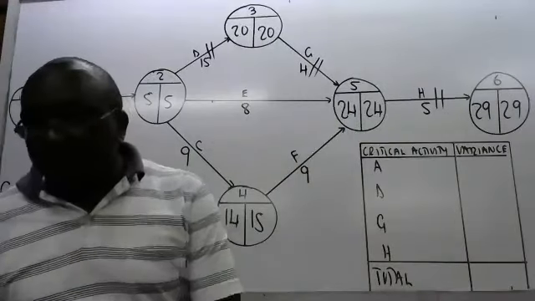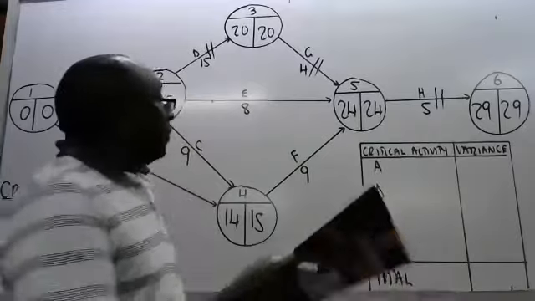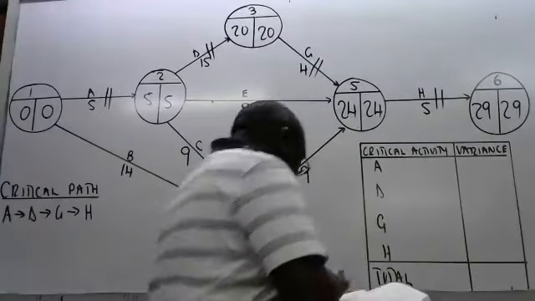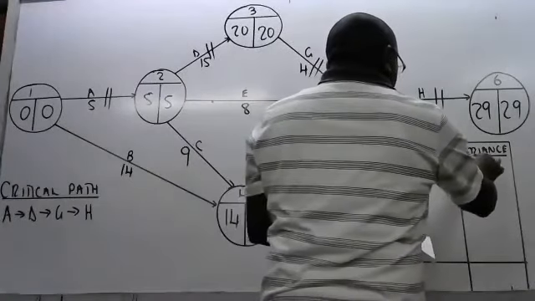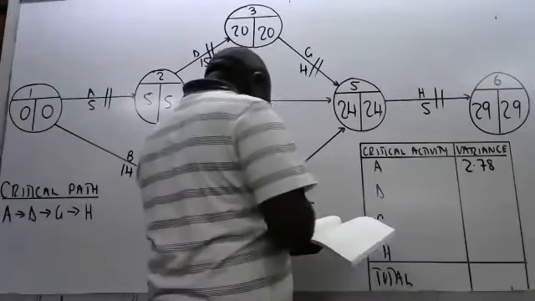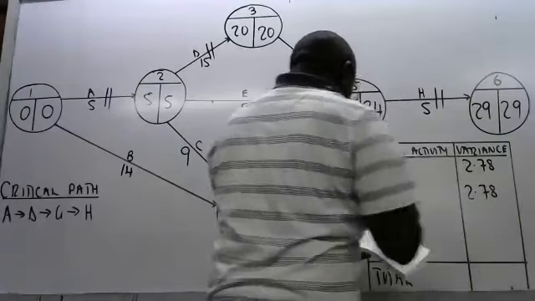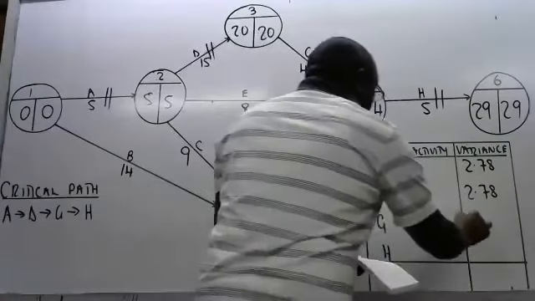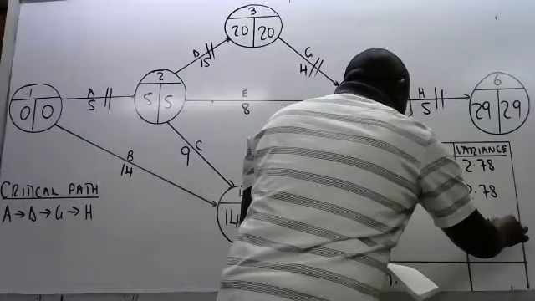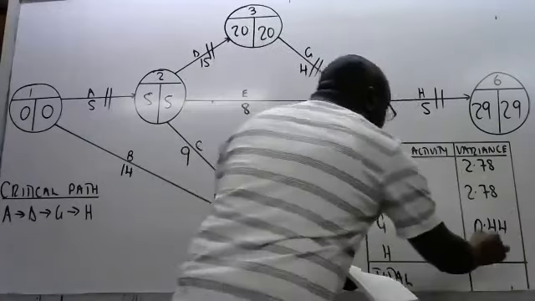So if I give you the figures I had, for A, I have 2.78. D, I have also 2.78. G, 0.44. And H, 0.